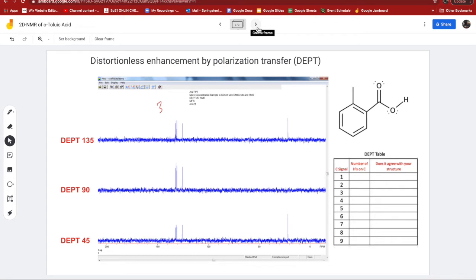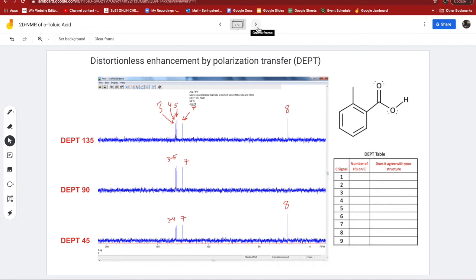Okay, finally. 3, 4, 5. We're missing 6, and this is 7. And so this again is 3, 4, 5 here and 7. And then obviously the one out here in the alkane region is 8. It's showing up on the top spectrum, but not the middle spectrum, top and bottom.